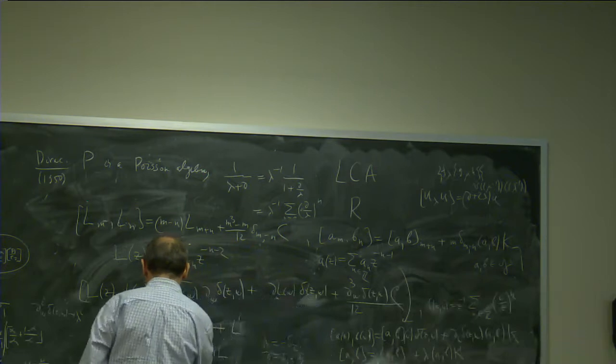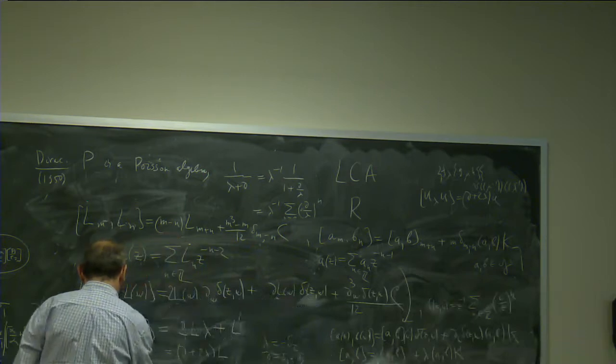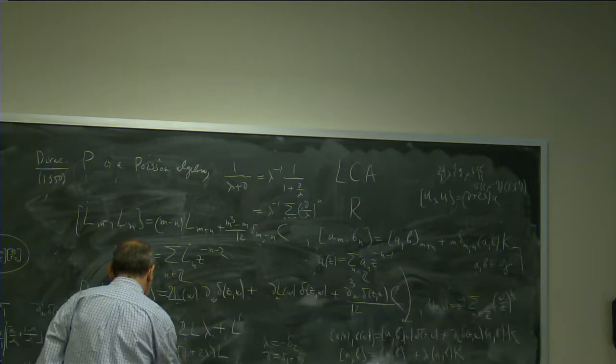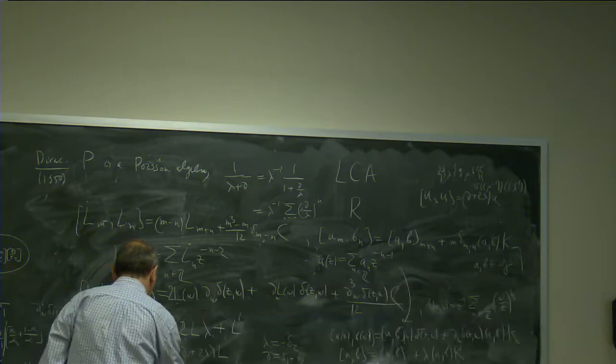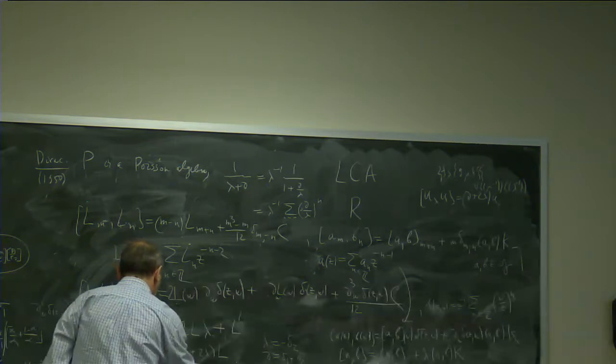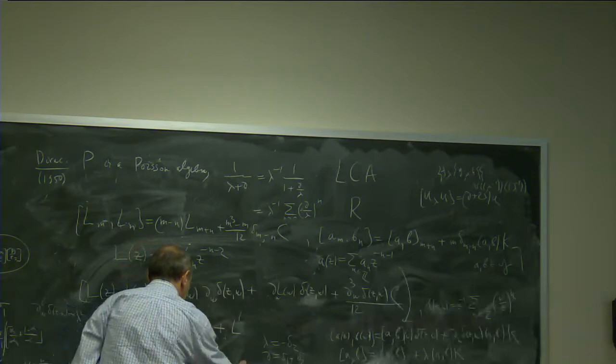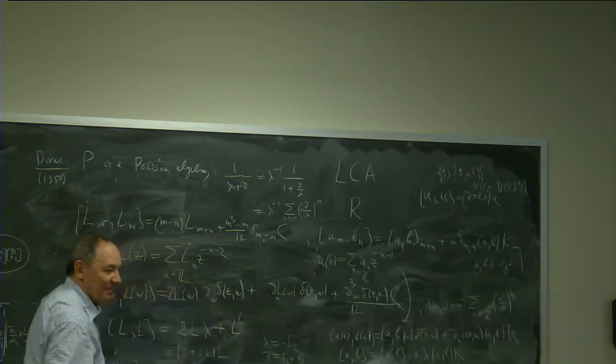So from here you find that U lambda V is equal to delta 1 minus delta 2 applied to UV. So that is U prime V minus UV prime.